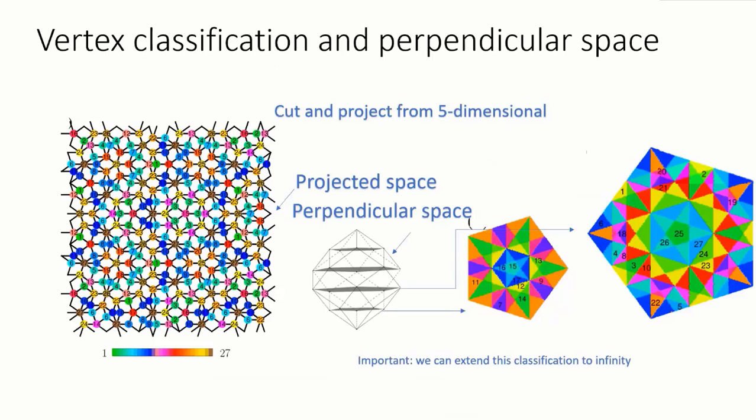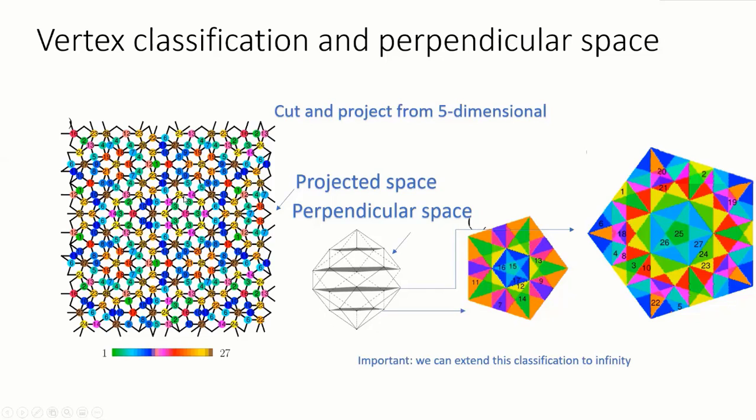Interesting thing is that we know that we can construct Penrose lattice by the cut and project method from a 5-dimensional lattice. So in this sense, we introduce a perpendicular space.